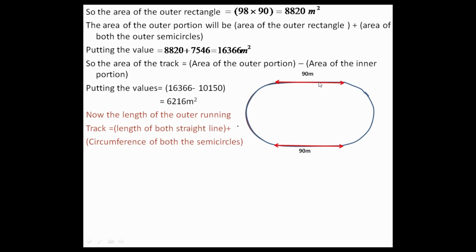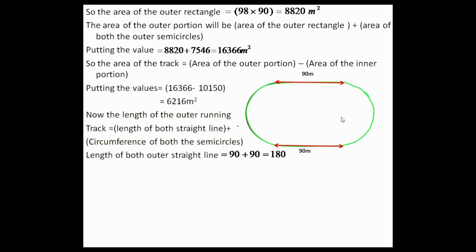So we know the value of a part of this length, which is 90 plus 90, 180. These two red lines we have carried out. Now we only need to know the circumference of these two large semicircles to carry out the length of the whole outer running track. I am just adding the value of the track's straight portion plus the circumference of the outer semicircles, and I will get the length of the whole outer running track, which is this green line.